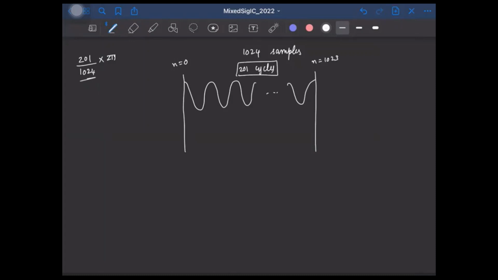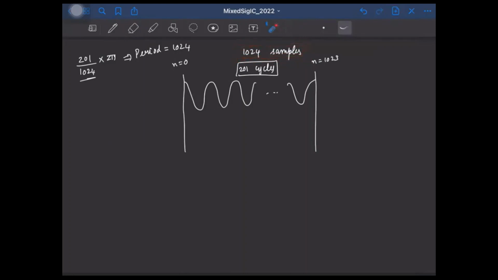And of course, the period of the signal is also 1024. In the last class, we saw that even though the signal is truncated to a total of N samples, which in this case is 1024, the DFT assumes that the signal is periodic with this period.